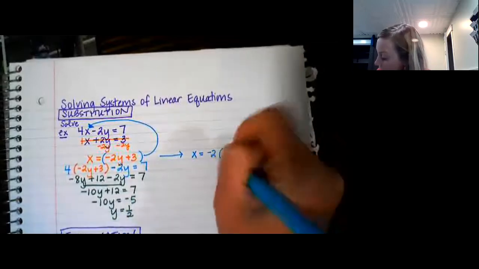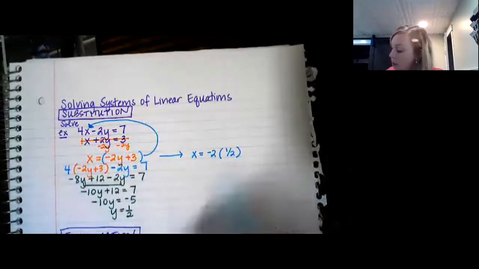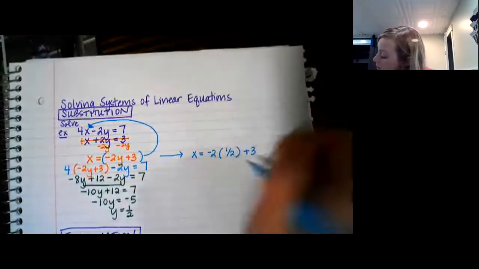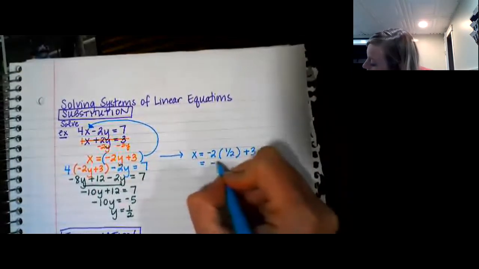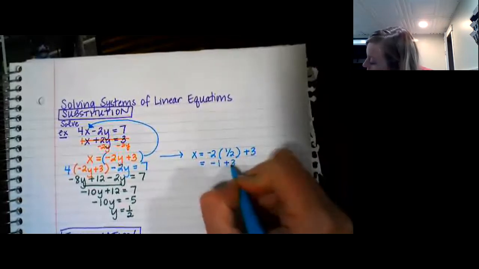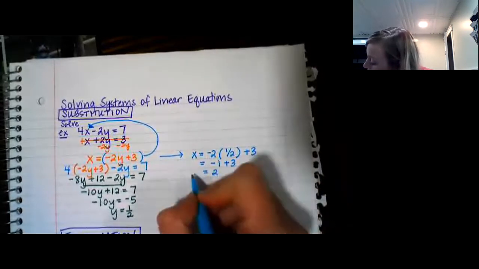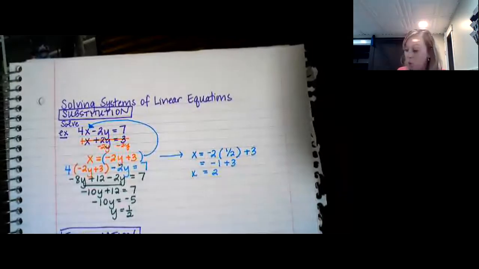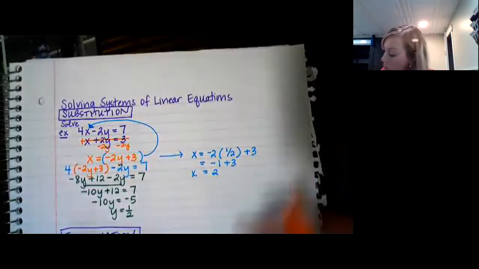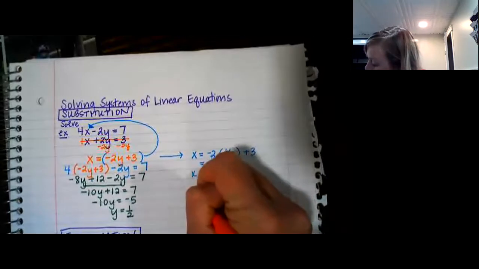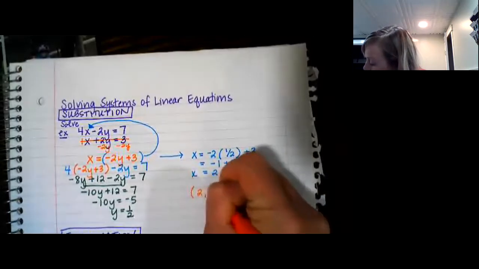Instead of y, I get to do another substitution of putting in that 1/2 and then plus 3. So this is going to give me negative 1 plus 3, which is 2. So x equals 2 and y equals 1/2, which we want to make sure we write as the ordered pair (2, 1/2).